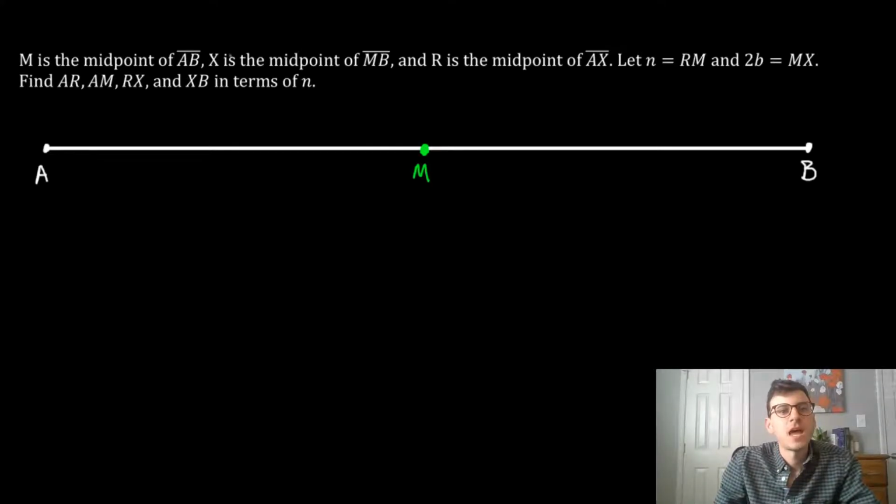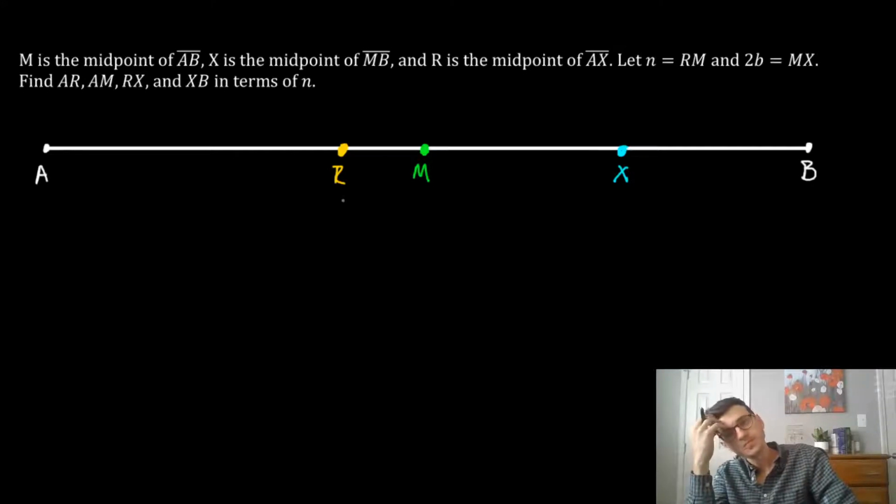Okay, X is the midpoint of MB. So X is somewhere over here. And R is the midpoint of AX. Oh, that's kind of tricky. So maybe somewhere here. That's about right. Doesn't have to be perfect. Okay.